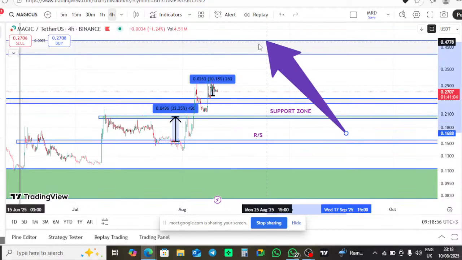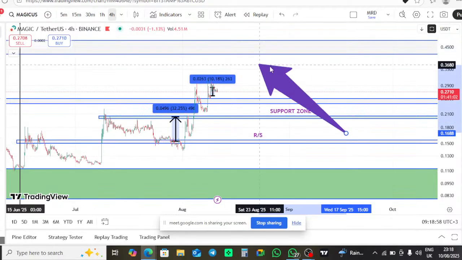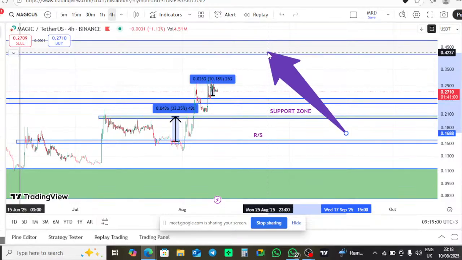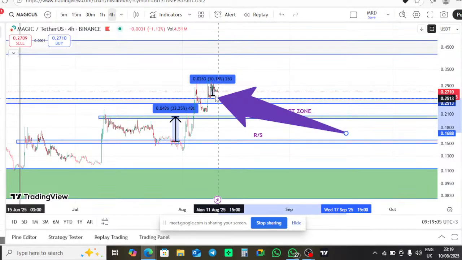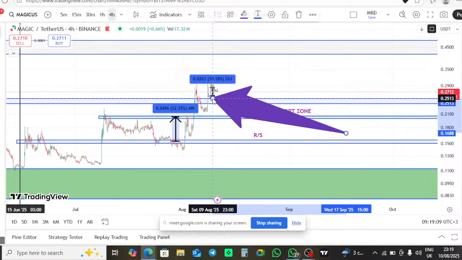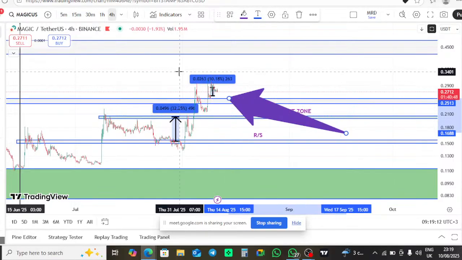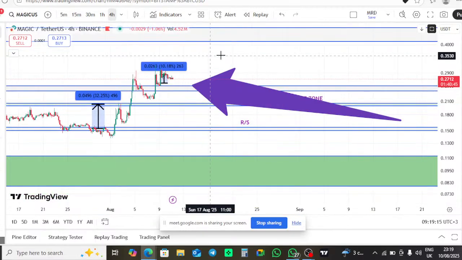And this one now is resistance. This one is resistance. You can see by the time when I shared this coin to take 10%, it was testing what we call the support.